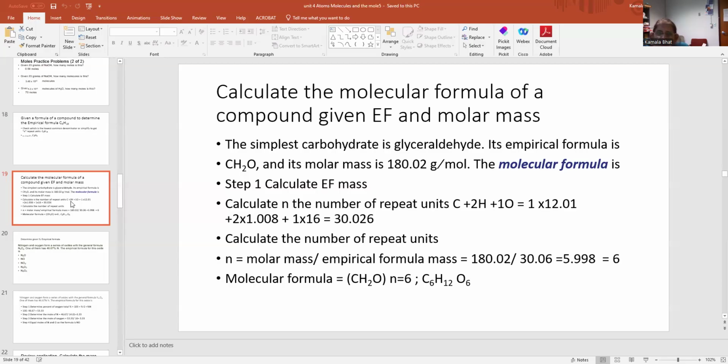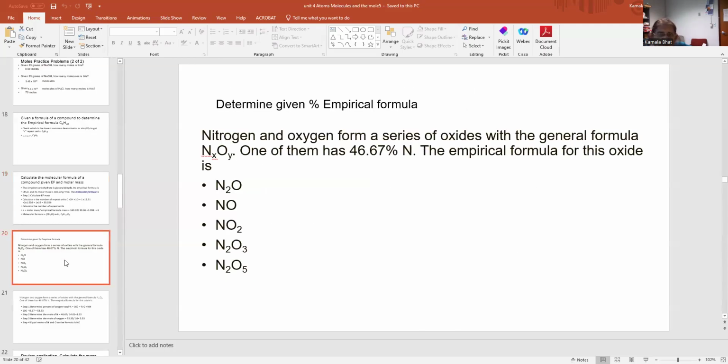In this case, 180.02 is divided by 30.06 to give you an answer 5.998, which we can approximate very close to 6. And therefore, we have 6 repeat units, and therefore the formula is C6H12O6. And this type of calculation is exactly the reverse of what we did in the previous slide.